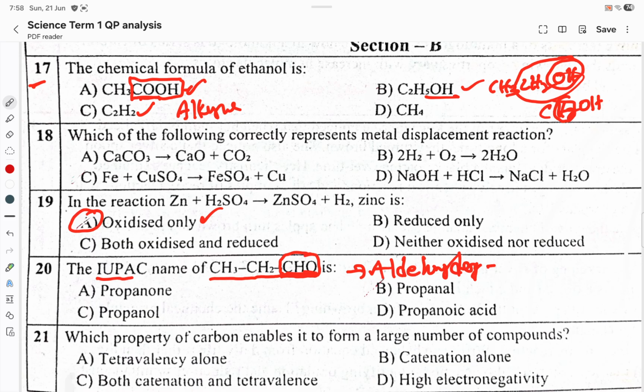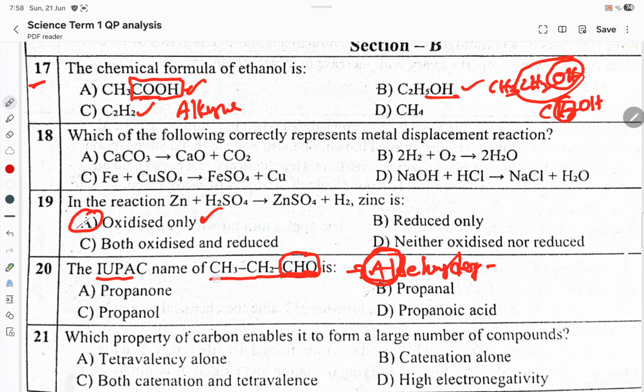Now while naming a carbon compound which belongs to the aldehyde group, the first two letters of the group are to be added to the functional group name.